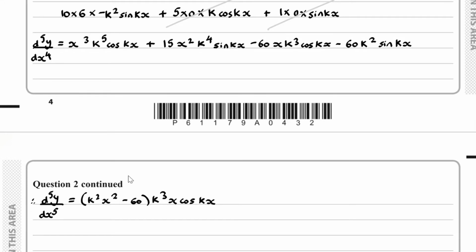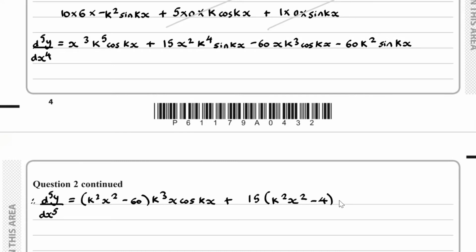Okay, so that gives the term here and here, and then next you'll notice we have a 15 common to both. So we have 15, and then we have k squared x squared minus 4. And notice 15 times minus 4 is minus 60.